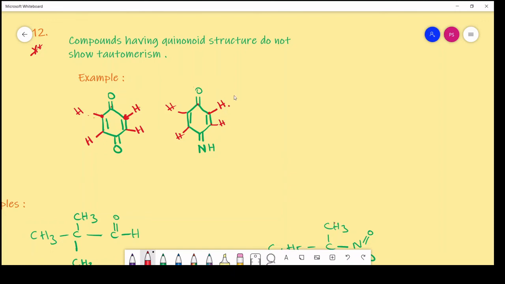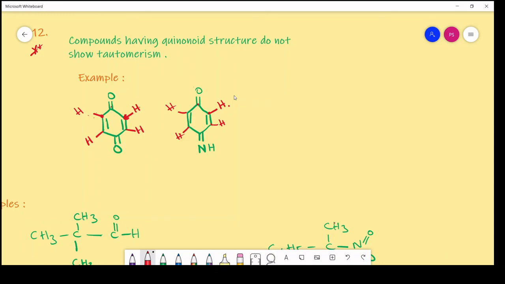So if you see any question, which of the following shows tautomerism or which of the following doesn't show tautomerism, in that case we should check three conditions. First one is whether the given compound contains an electron withdrawing group or not, and second condition is, if electron withdrawing group is present, whether the compound has alpha hydrogens or not.